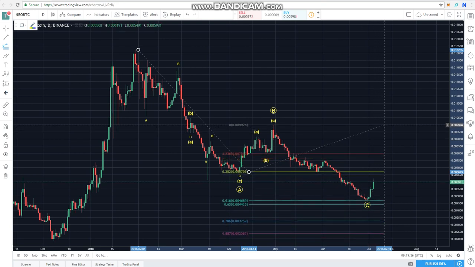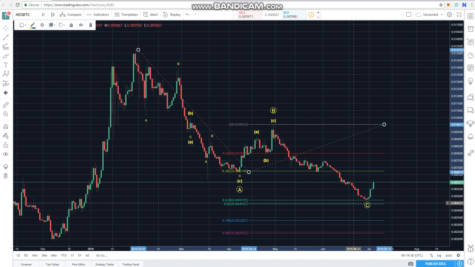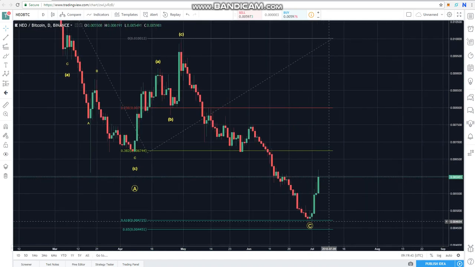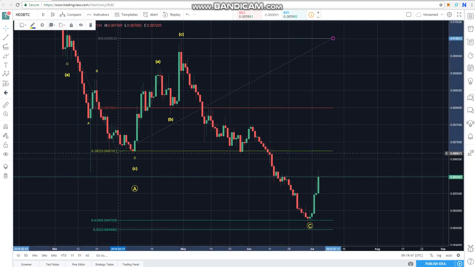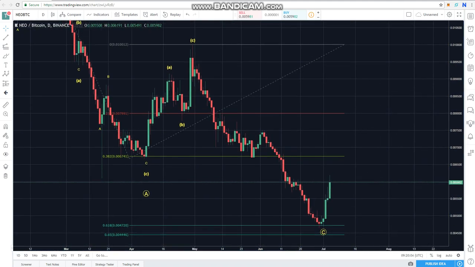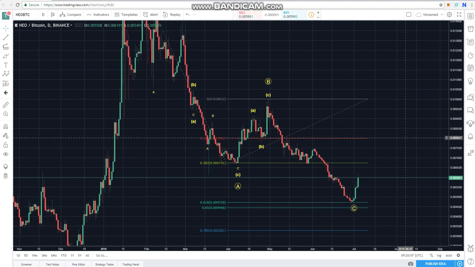And you can see just very clearly the 0.618, the golden ratio, hit right on target. It sort of breached the target and then went on a bit into the golden pocket. But anyways, it closed at least the second candle. The second candle hit right on target, the 0.618. And so this is very clear to me.